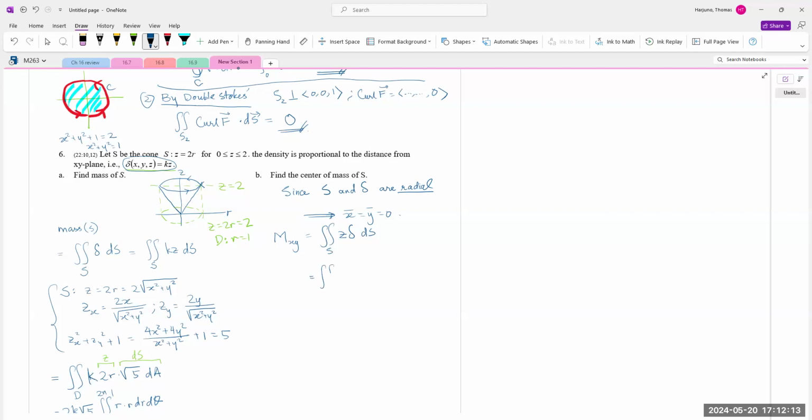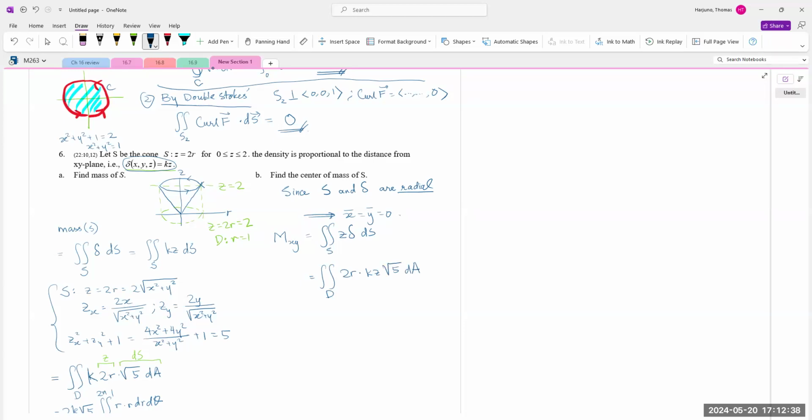Now the z, I think I can just go ahead with the D here. The z becomes 2r. The density is kz, the square root of 5 dA.